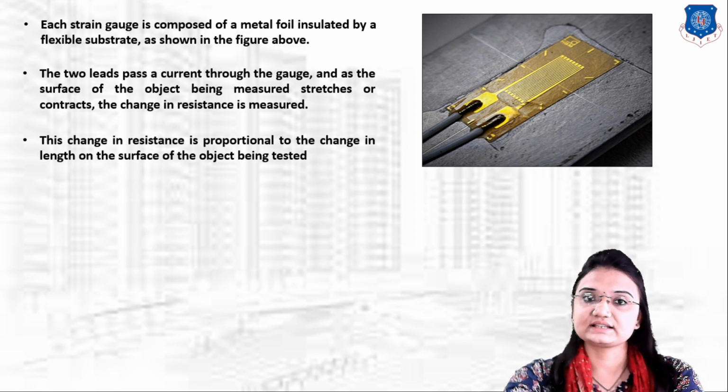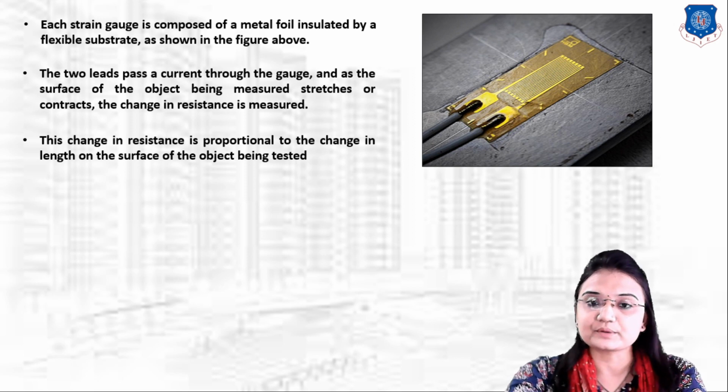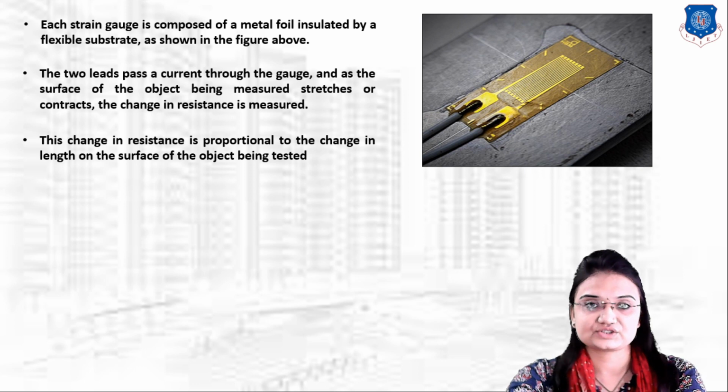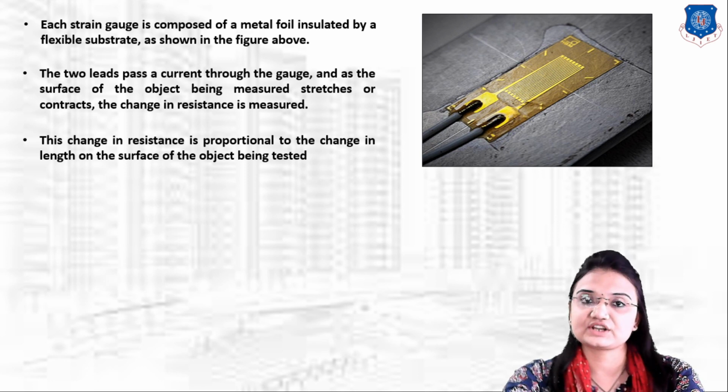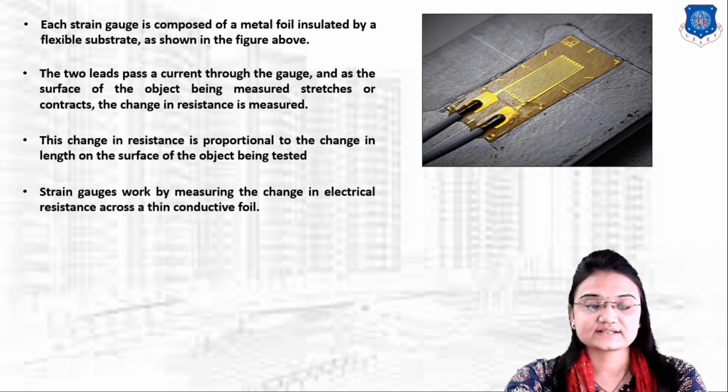The change in resistance is directly proportional to the change in length on the surface of the object being tested. So a strain gauge works by measuring the change in electrical resistance.